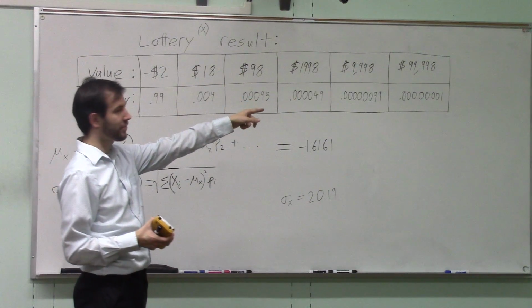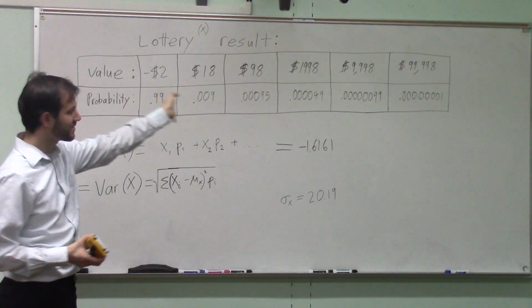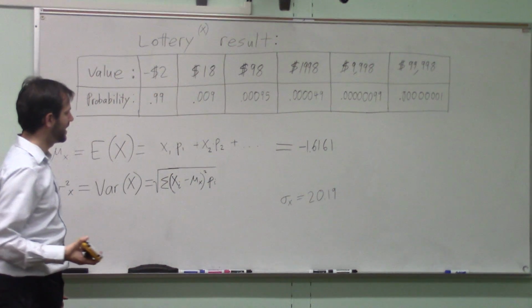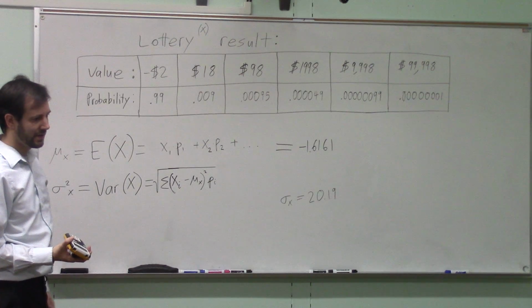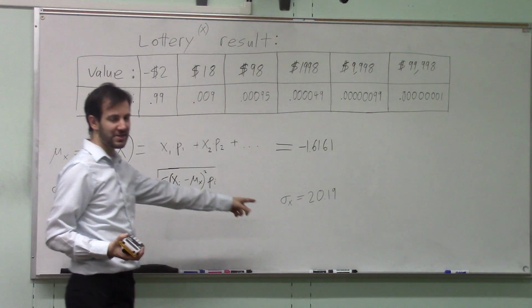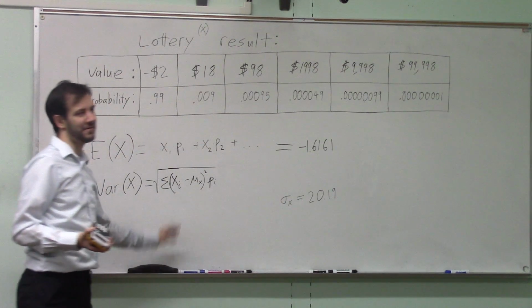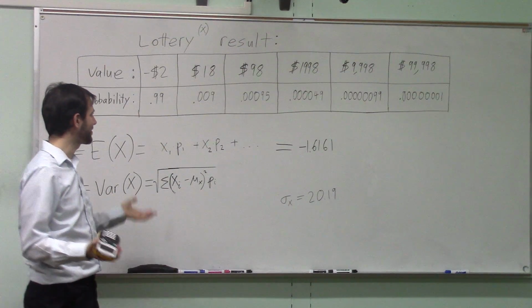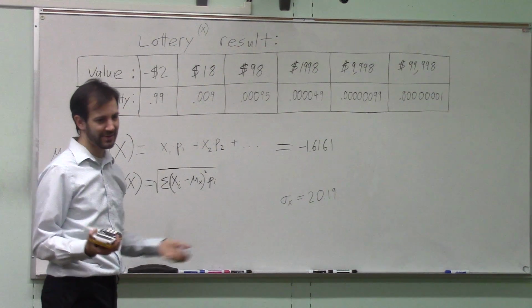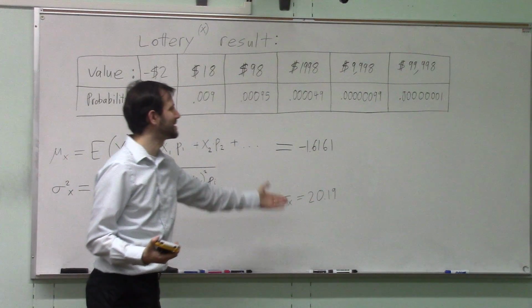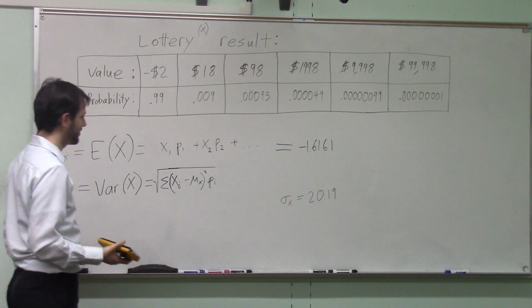You have a very small possibility of being super far away, and that will change the standard deviation to make it very large because a few very far away results balance out against a lot of very close results to give us a medium distance from the mean.